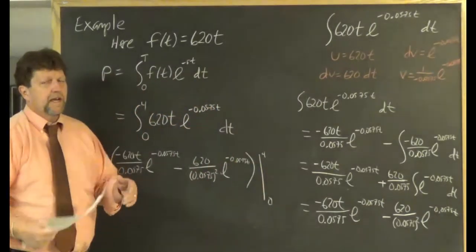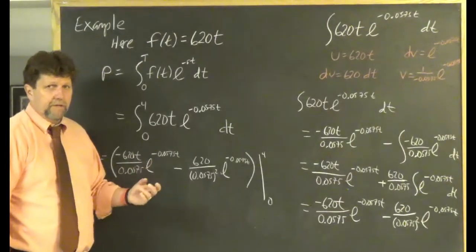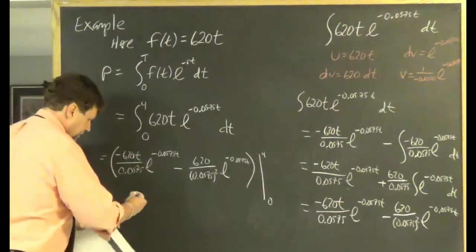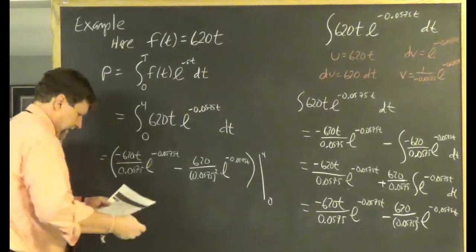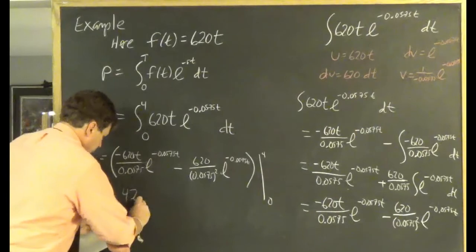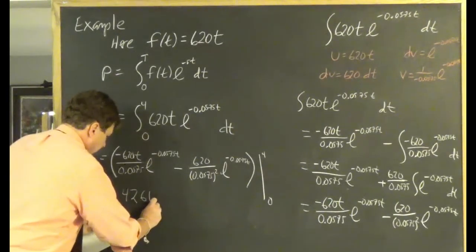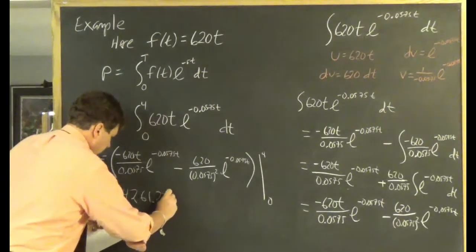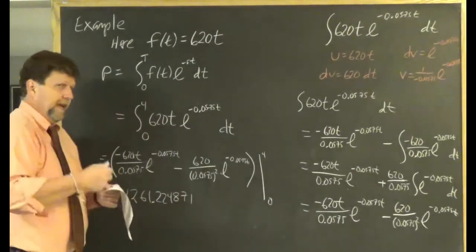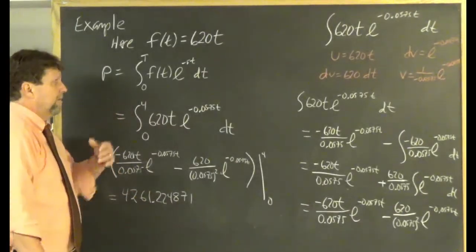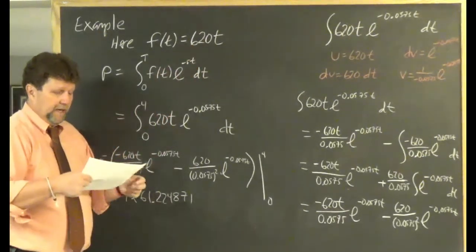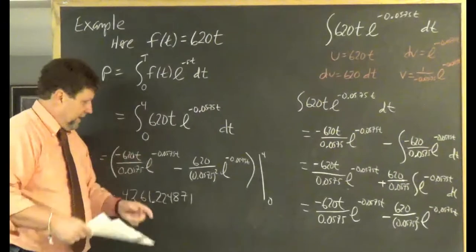So take your time in evaluating this with the fundamental theorem of calculus. If you do it correctly, you're going to get 4261.224871. Remember this was in thousands of dollars per year, so what is the present value?